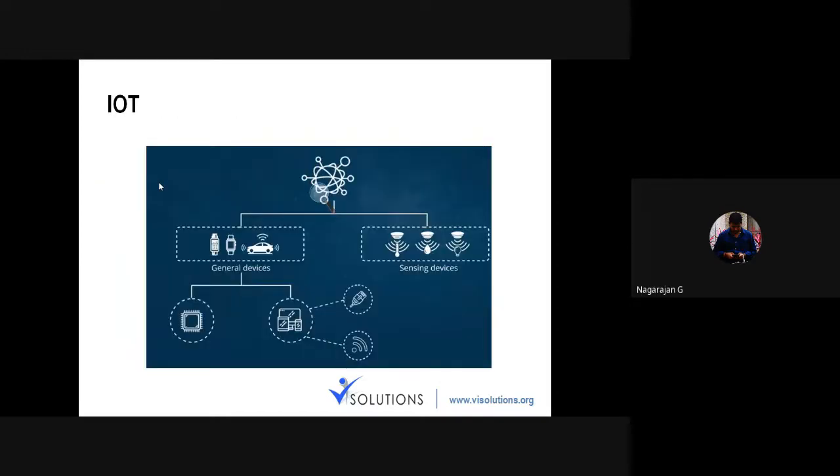So we need sensing devices to sense the information, a processor to take some action, and a connection medium, either Wi-Fi or wired mode, to transfer the data. Sensing devices sense information like light, temperature, flow and humidity, whatever it may be. You can make use of such sensors here.